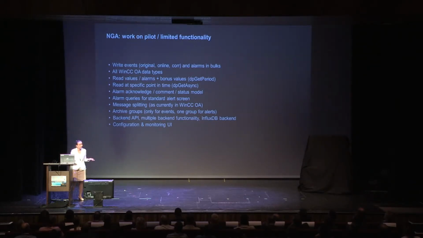This is a really challenging and interesting research project, and hopefully it will give our archiving more performance and more flexibility in future. And we plan to be able, in 2019, to work together with one or two of you on selected pilot projects with this pilot version of the next generation archiver.